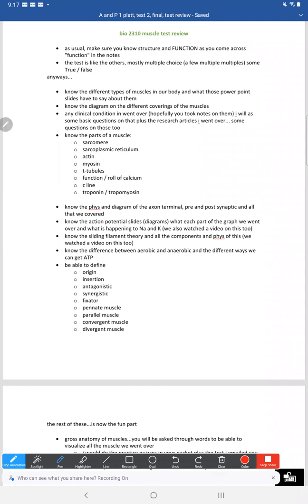Okay, the T tubules are responsible for neurological signaling and continuation, and they're embedded within the muscle fiber, and they talk to the sarcoplasmic reticulum, and it's part of what's responsible for releasing the calcium.